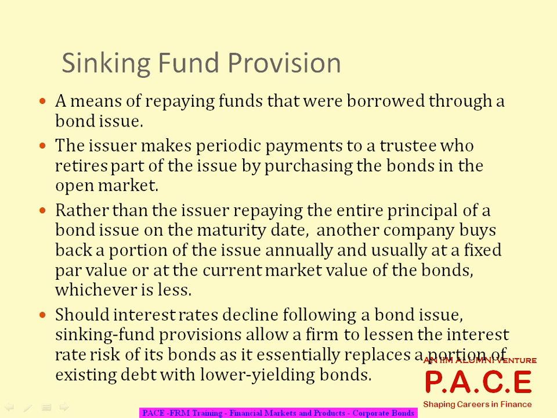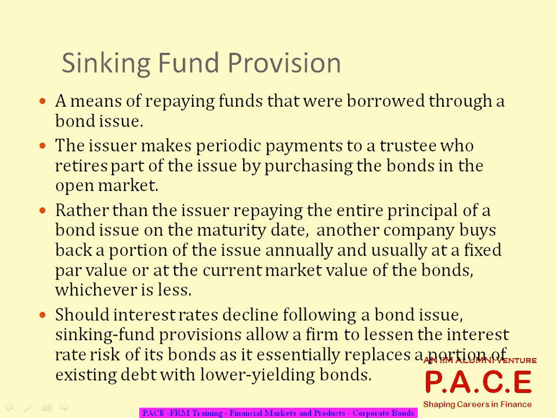Sinking fund, we said, is a periodic retiring of the principal, let's say 10% every year. So every year some portion of the entire principal is paid back. Every year, let's say 10% or 20%, he'll mention that again as a part of the indenture. Rather than repaying the entire principal on the maturity date, the issuer buys back a portion of the current issue annually, generally at a fixed rate, 5%, 8%, whatever the amount that is fixed.